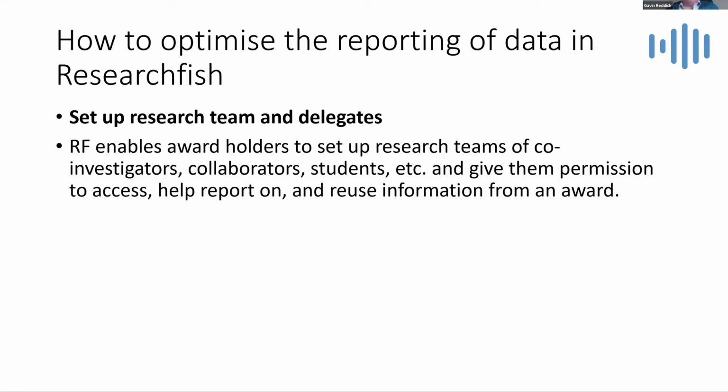So there is a person responsible, the award holder for each award in researchfish, and that person can create a research team. And that gives the people in the team the ability to view the project, to be able to view the outputs, to be able to report on the outputs, and to be able to reuse the information in other projects or share information that they've already got in there.